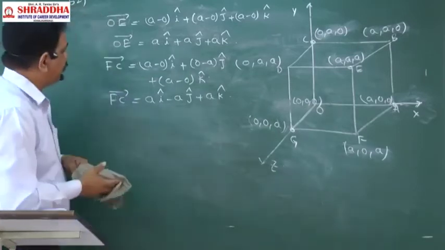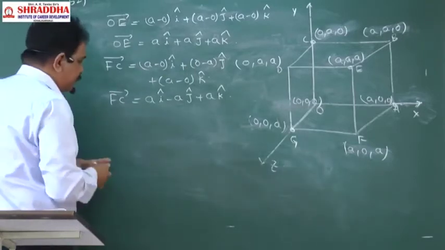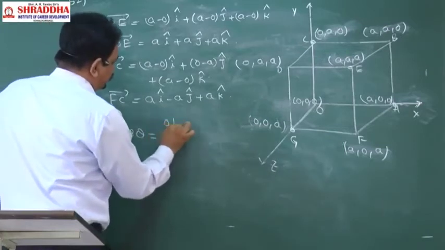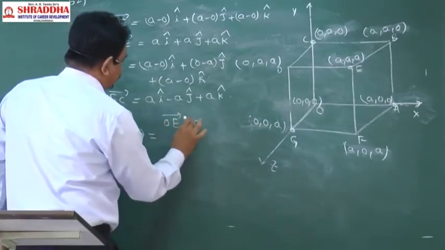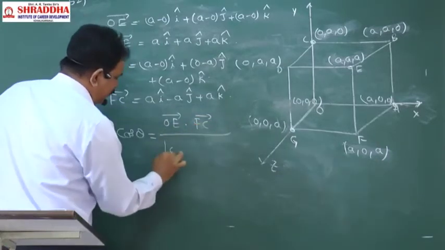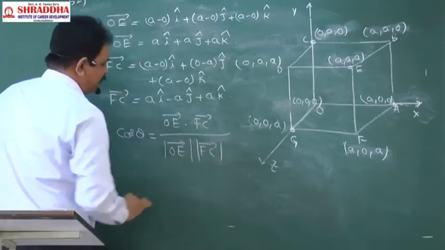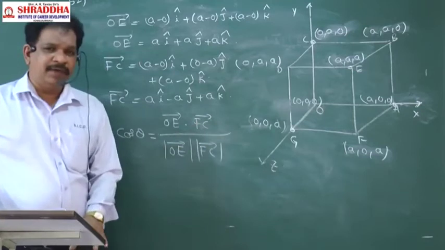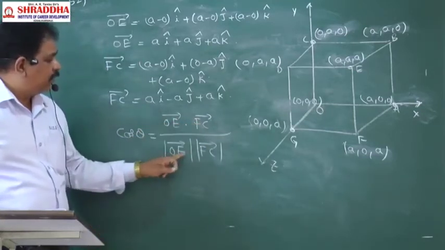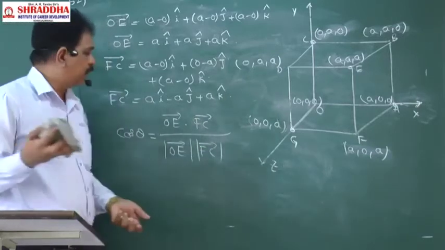So we will write cos theta is equal to OE bar dot FC bar divided by modulus of OE bar into modulus of FC bar.